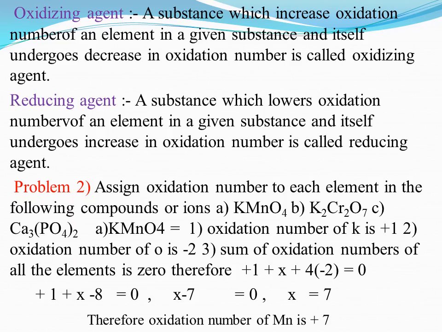Oxidation number of oxygen is -2. Sum of oxidation numbers of all the atoms is 0. Therefore, +1 plus x plus 4 into -2 is equal to 0. +1 plus x minus 8 is equal to 0. x minus 7 is equal to 0. Therefore, x is equal to 7. Therefore, the oxidation number of Mn is +7 in KMnO4.